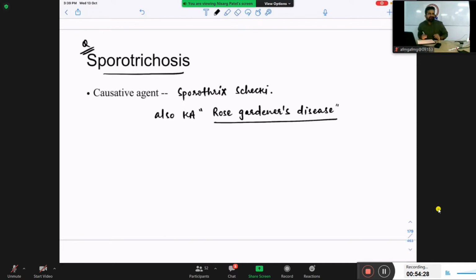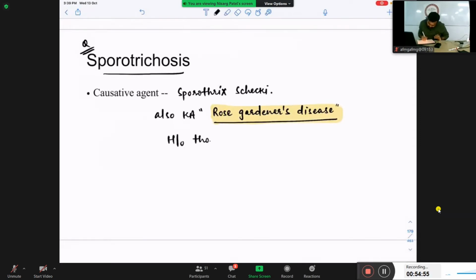The reason is they have to sell them fresh the next morning. So they generally pluck during the night time, and because of the thorns, it hits their skin. Because of this repeated thorn prick, they develop a rash, and because of this, it is known as rose gardener's disease. So they will give you the history like this: the patient developed this rash after a thorn prick.